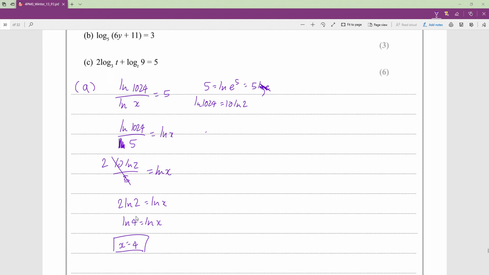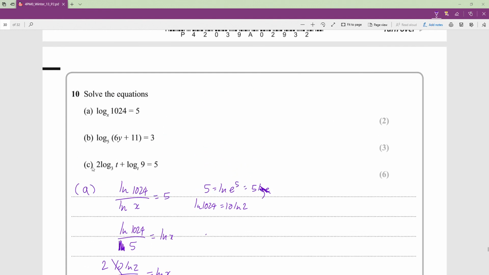Cool. So we've solved that equation. Now it's just C, the 6 mark one. 2 log_3 t plus log_t 9 is 5.